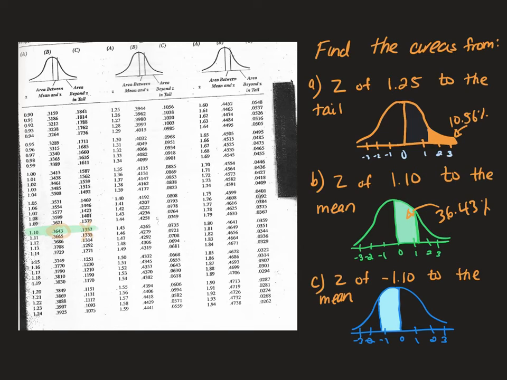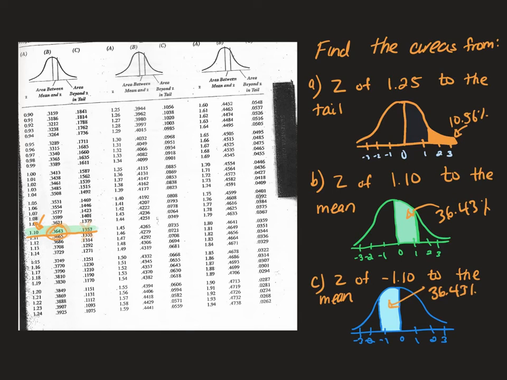The area from a negative 1.1 to the mean is the same as the area from a 1.1 to the mean. So I'm still using from 1.1 to the mean, and my corresponding region here is going to be 36.43%. That's because my graphs are symmetrical. If you flip my graph over like a pancake, you're going to get the same area to the left or to the right.